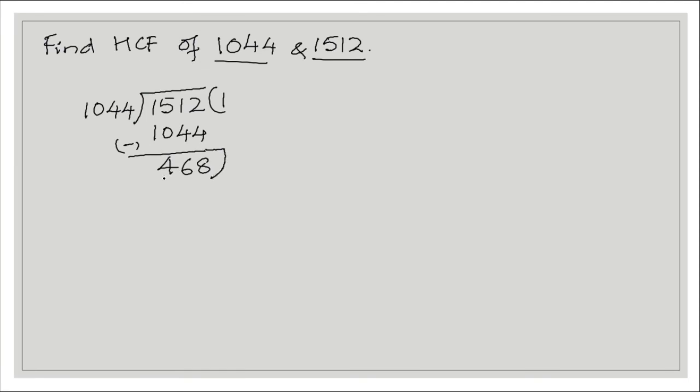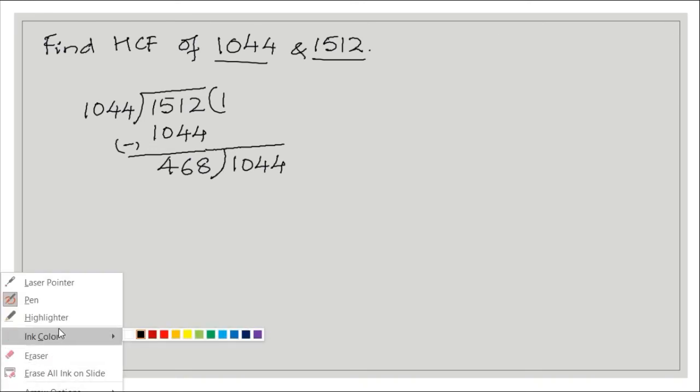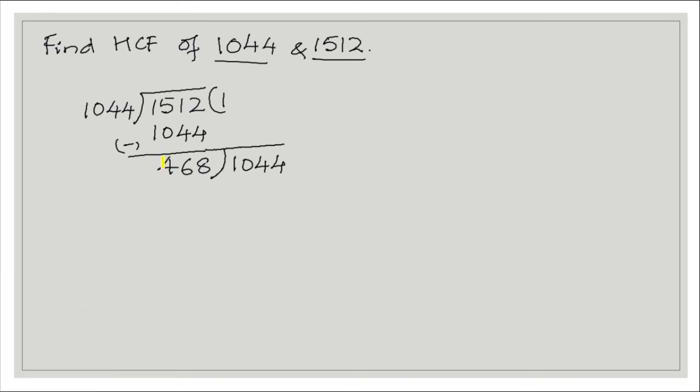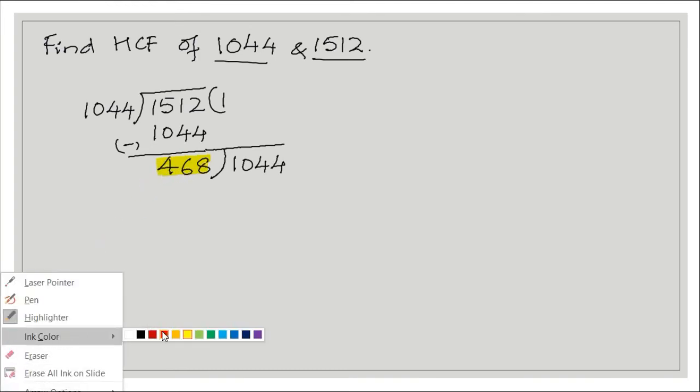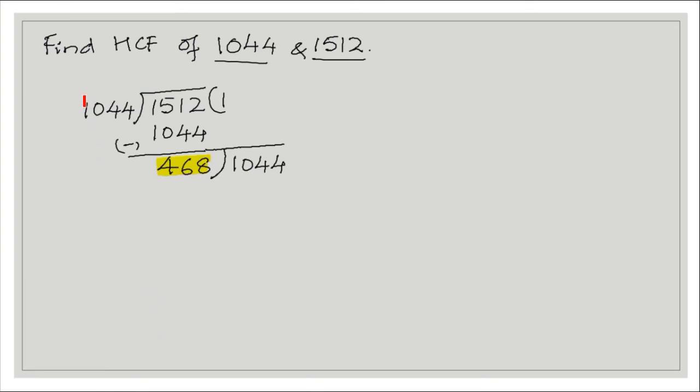Now I have to consider this 468 as divisor, and I have to divide 1044. Please note here, this remainder acts as a divisor, and this particular number, which was the earlier divisor, will become dividend.